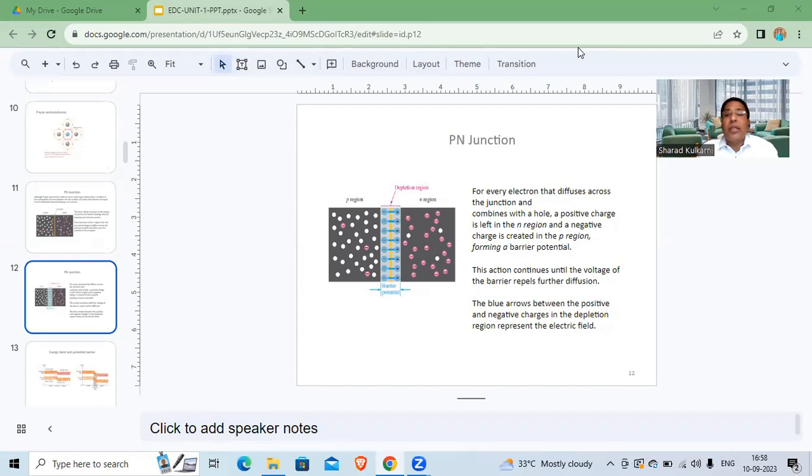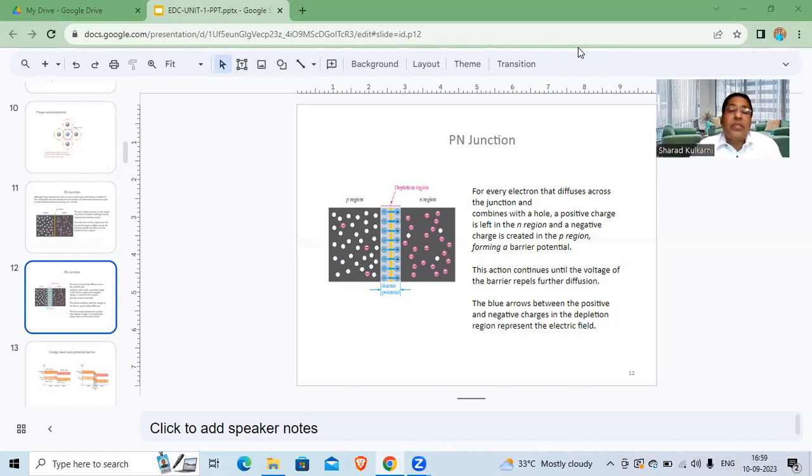This barrier potential depends on the type of semiconductor, concentration of donor impurity atoms, concentration of acceptor impurity atoms, and intrinsic carrier concentration, and finally it depends on the temperature, that is the surrounding temperature. So this barrier potential is indicated by the letter V with the suffix J.